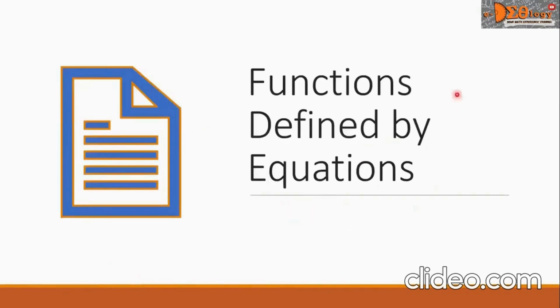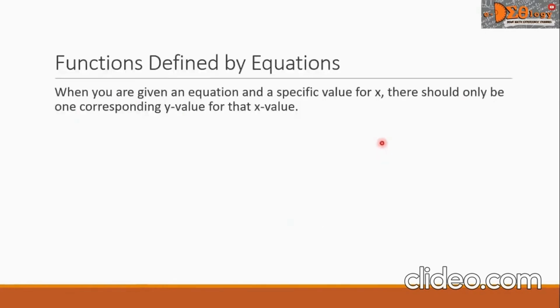Let's go now to functions defined by equations. When you are given an equation and a specific value for x, there should only be one corresponding y value for that x value. Let's have example 1.